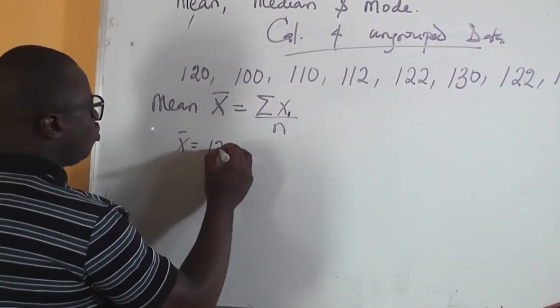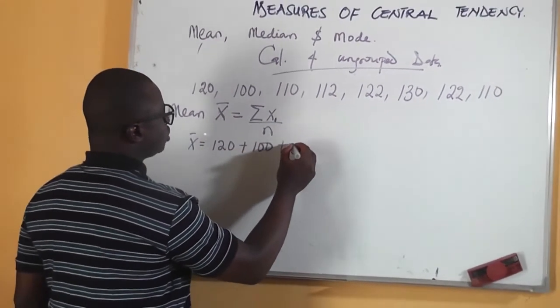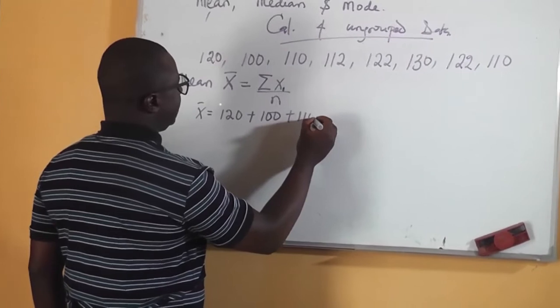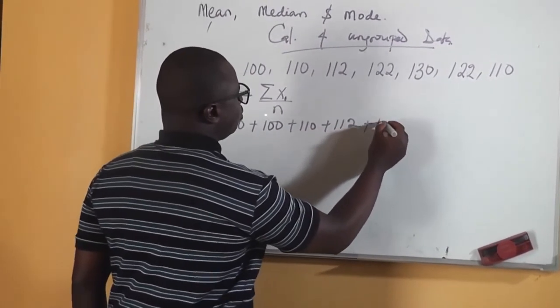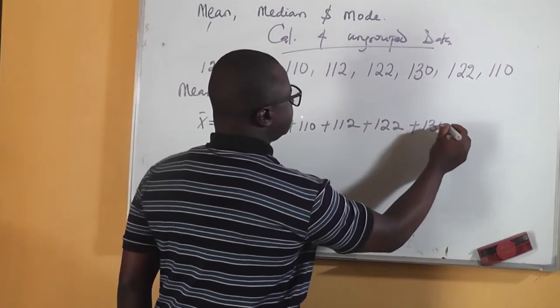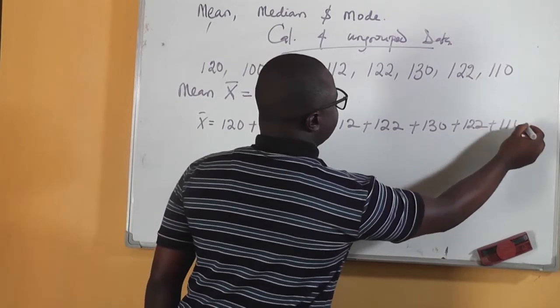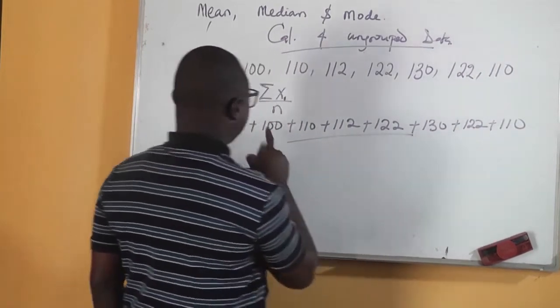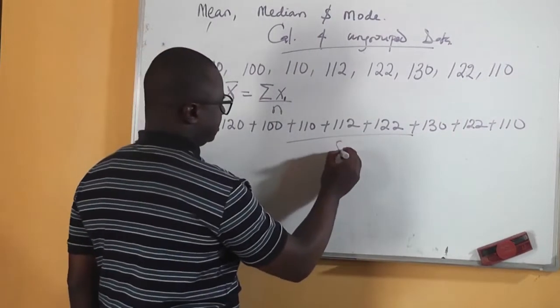So I have 120 plus 100 plus 110 plus 112 plus 122 plus 130 plus 122 plus 110. Remember, n stands for the total number of observations there, which is 8.